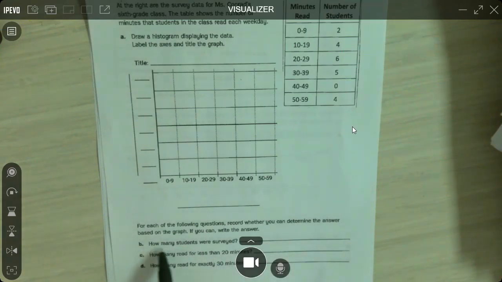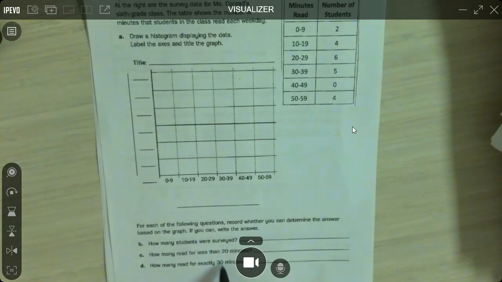So part B says how many students were surveyed. Part C says how many read for less than 20 minutes. And D, how many read for exactly 30 minutes. Okay, so go ahead, take a minute and answer those 3 questions.